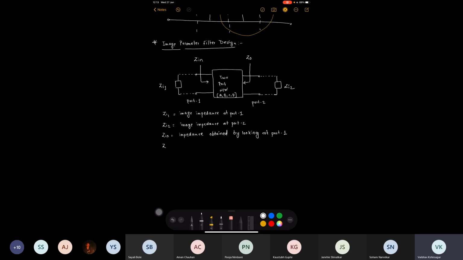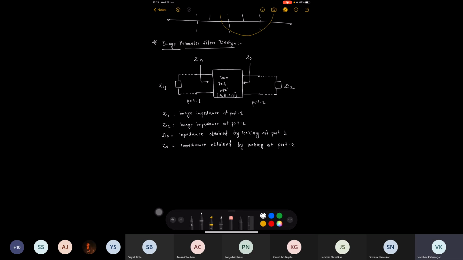And similarly, what is Zo? Zo is again the impedance obtained by looking at port 2 of the two-port network.